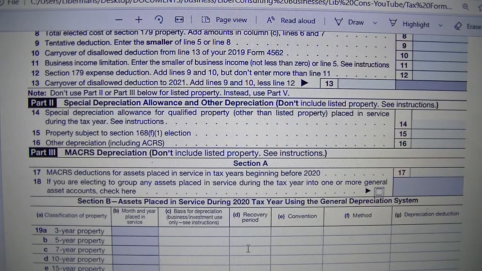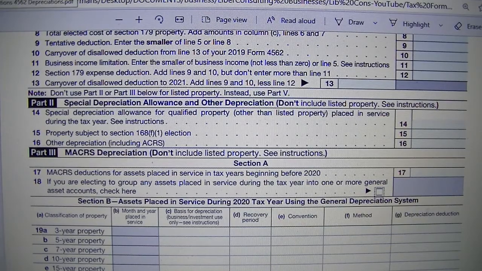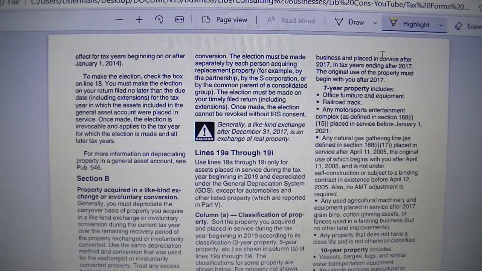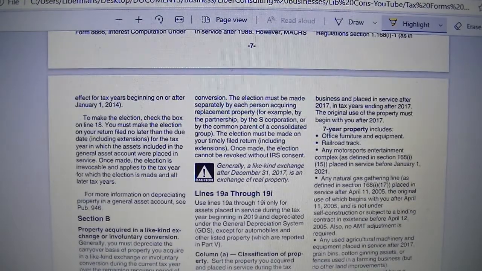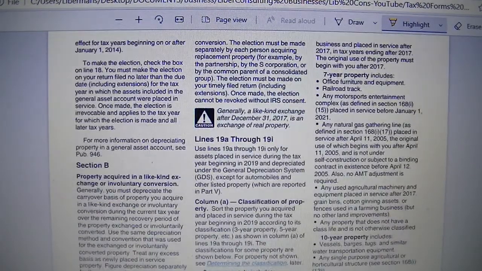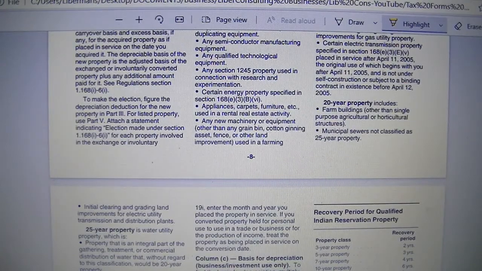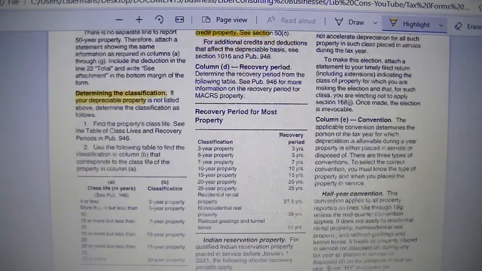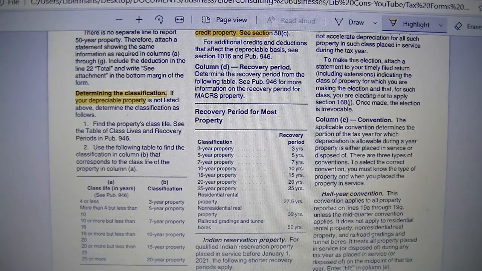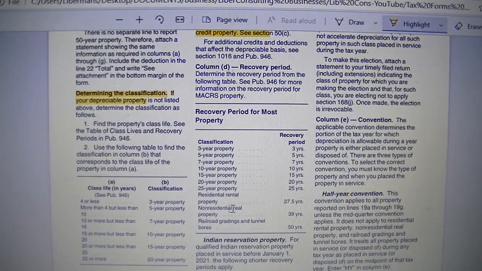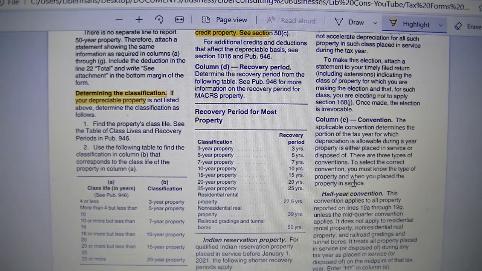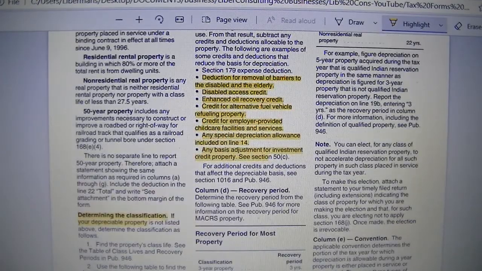So the recovery period, let's go back here. A lot of the time it will match the class property, I believe. I want to make sure I'm not in an Indian reservation section here.